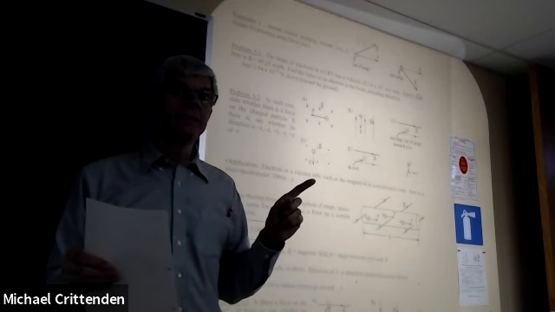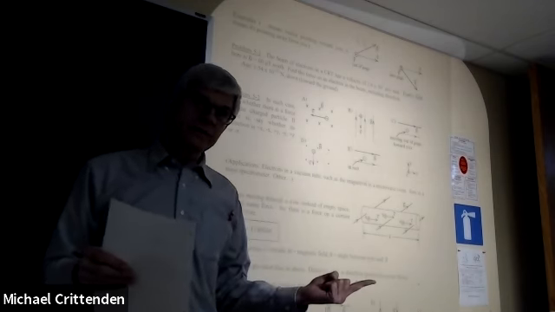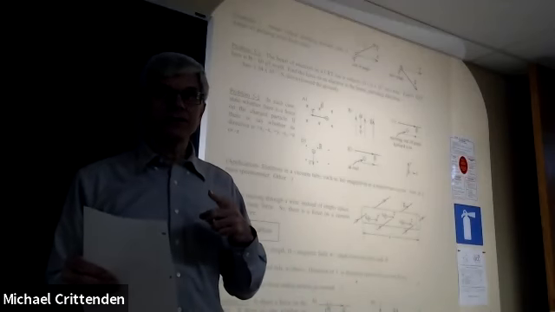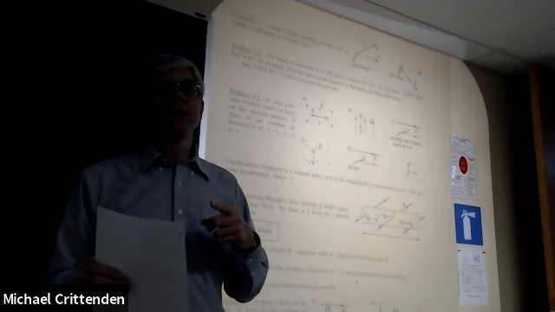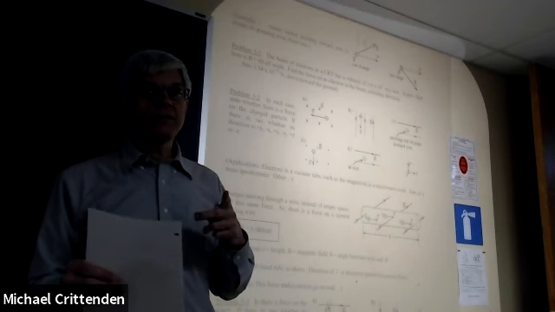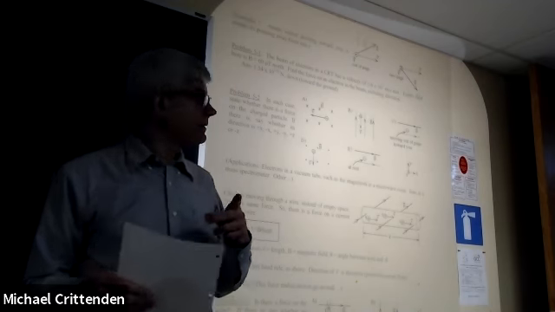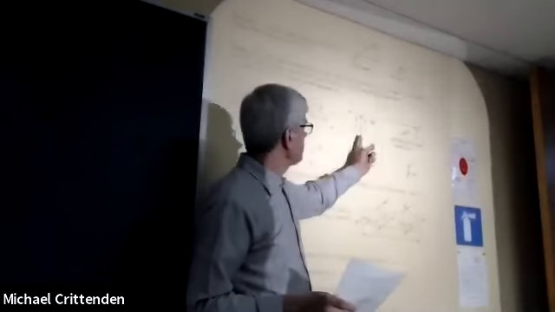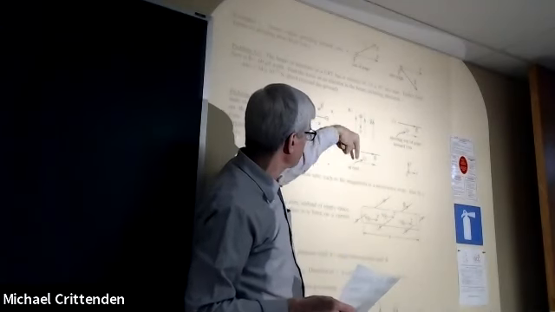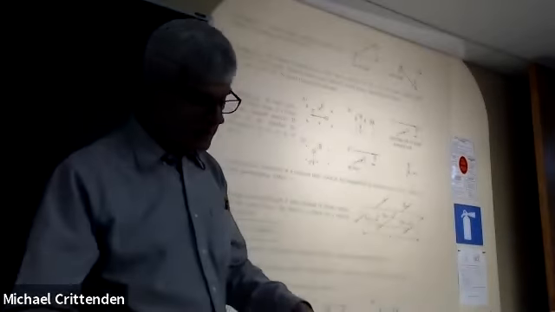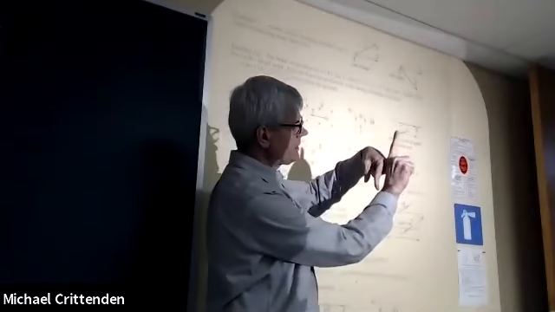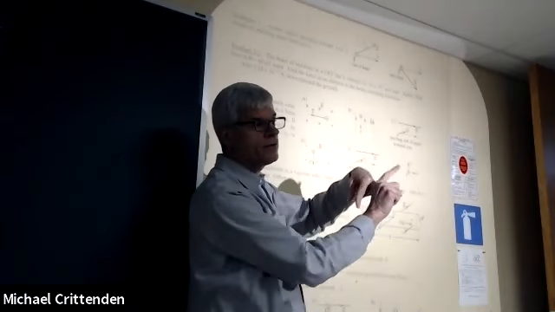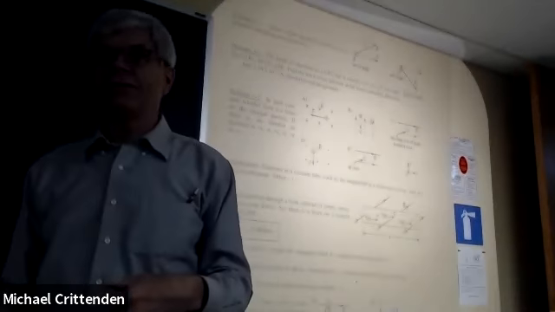Theta is the angle between the direction of the field and the direction that the charge is moving. Well, those two things make a 180-degree angle in this case. The field points toward the top of the page, the velocity points toward the bottom of the page. You stick those two arrows together, it's 180 degrees. Sine of 180 degrees is 0.